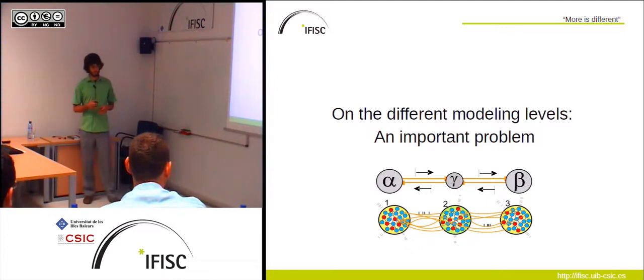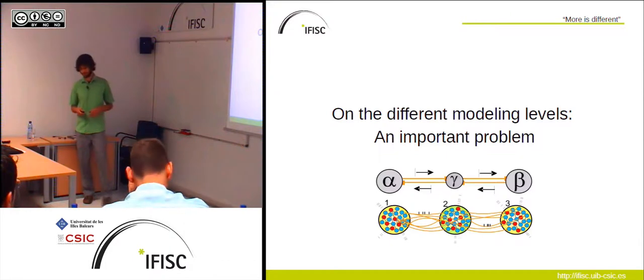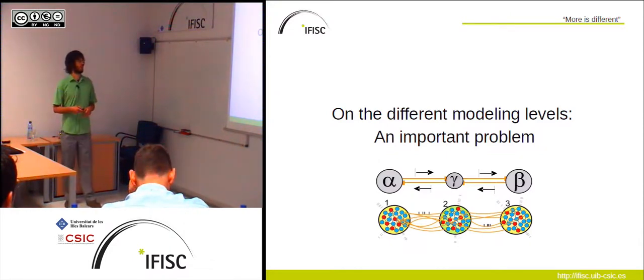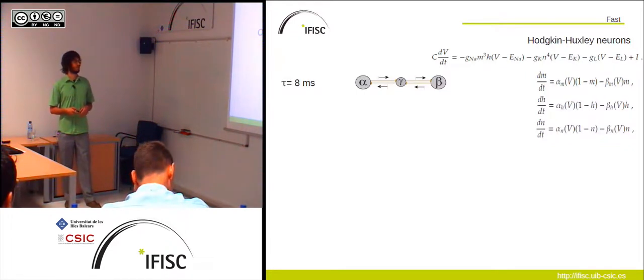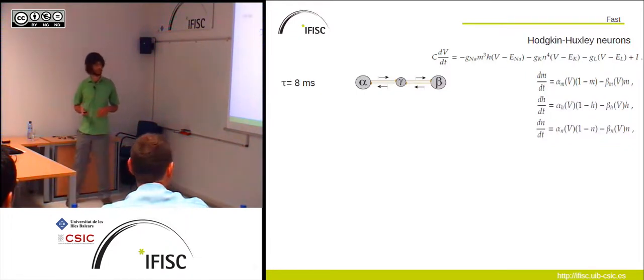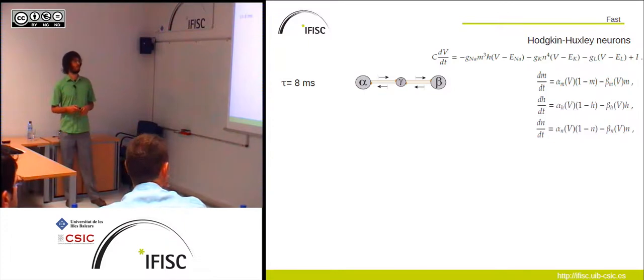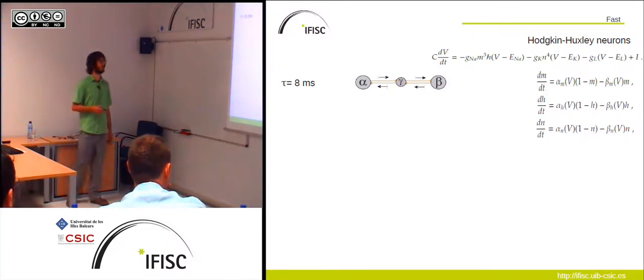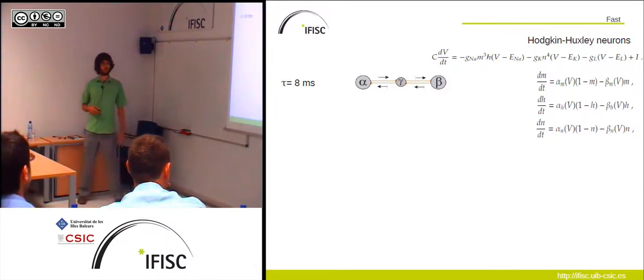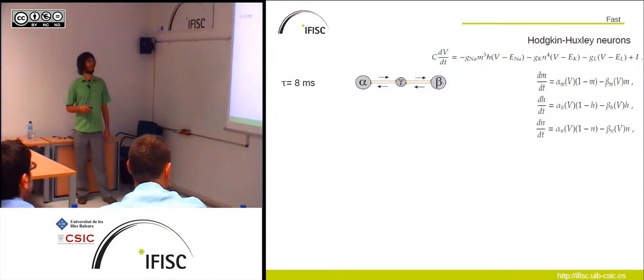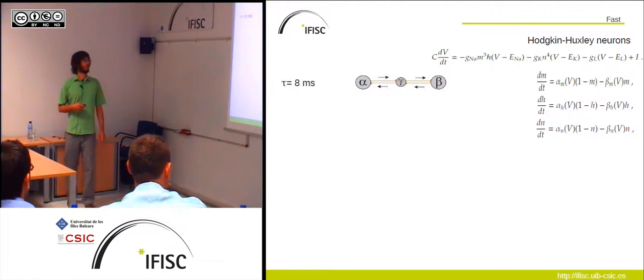In order to do this, first we consider the robustness of the small motif of neurons, and then we consider the populations. In the motifs of neurons, we consider the Hodgkin-Huxley model. It's a biophysical model, so we look at the membrane potential of the neurons.